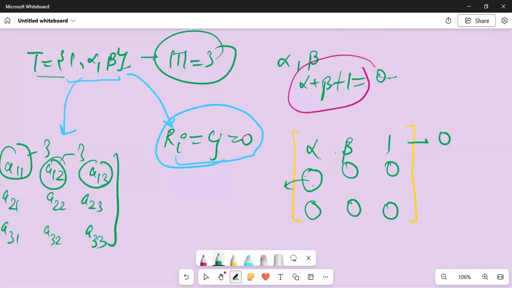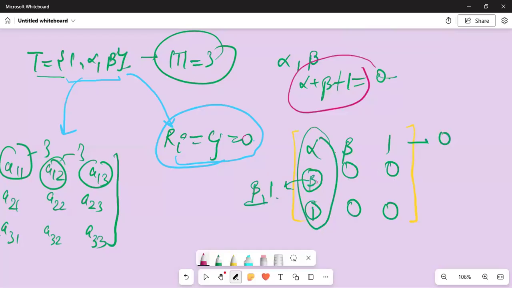Every element should come once, both in a row and in a column. So alpha should come once only. So this can be either 1 or beta. So if you place it beta, let this be beta. So this will be 1 automatically because you have to make the sum 0. You can't keep any other element. So you'll have to make it 1 only.